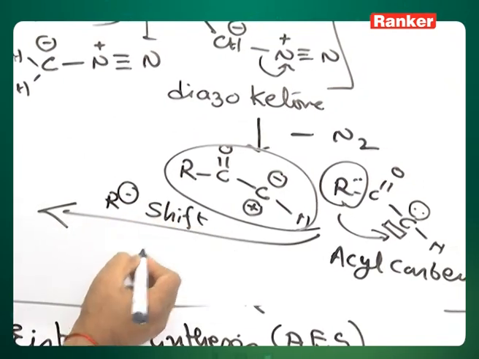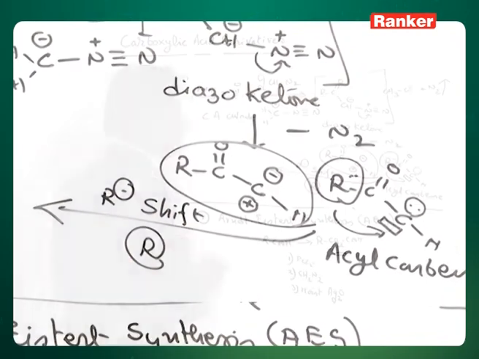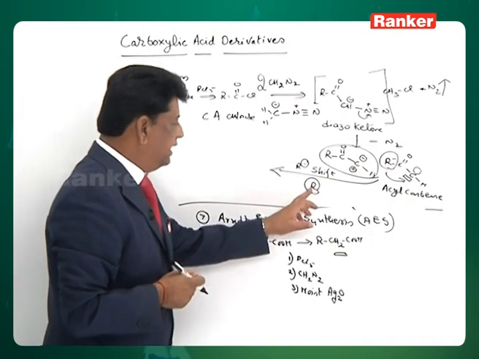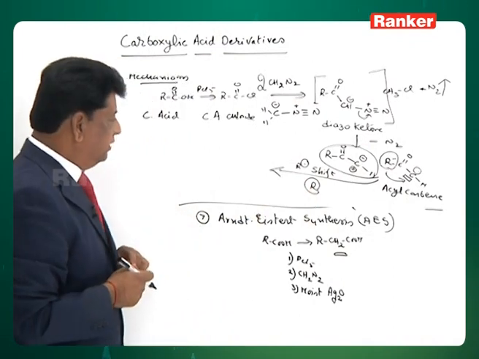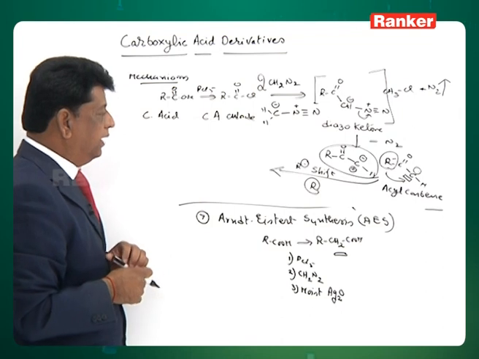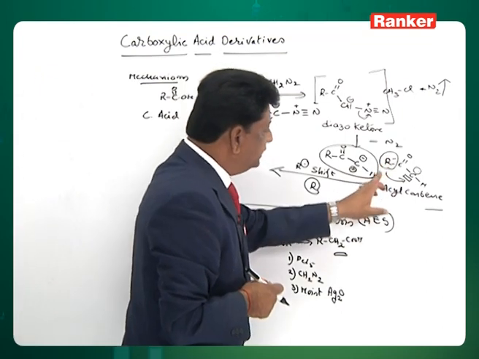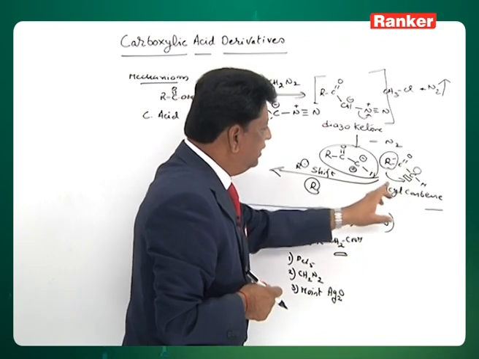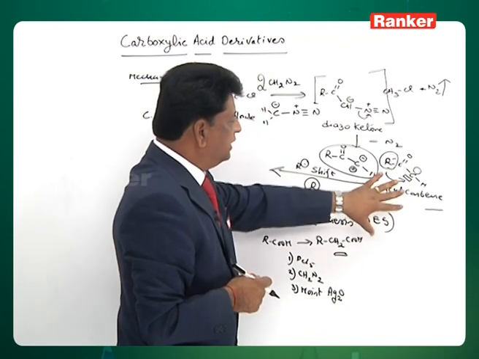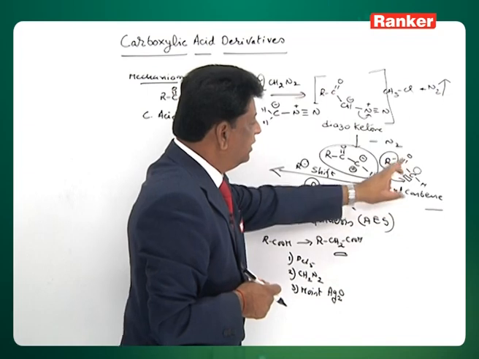This is actually a rearrangement step, right? So, R minus is undergoing shuffling within the molecule; nothing is added or deleted, but rearranged.